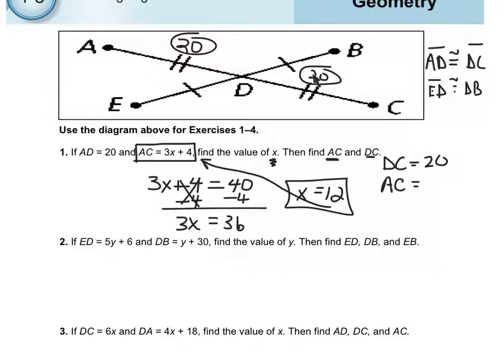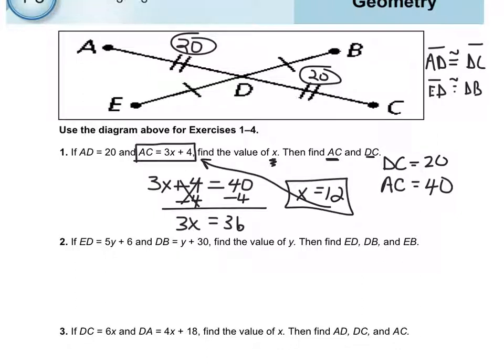I know this length is 20, and I know this length is 20, and if I add those two together, they're going to be 40 total. So in that case, I use something like the segment addition postulate. Okay, the second example says if ED is 5y plus 6 and DB is y plus 30, find the value of y. Then find ED, DB, and EB.